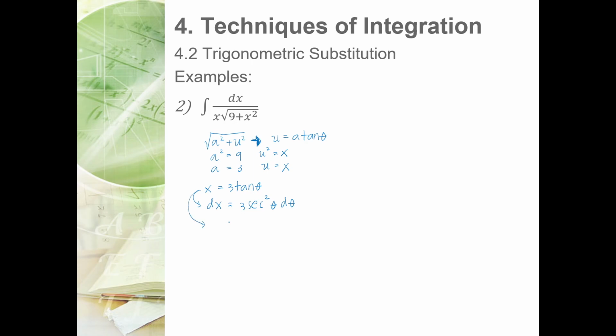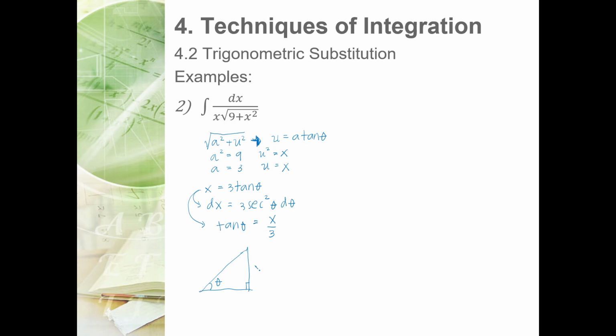Third step, isolate the trigo function: tangent theta is equal to x over 3. The fourth step is we create the right triangle, and again we pair up the radical expression and a constant and look for the possible trigo function for the pair.